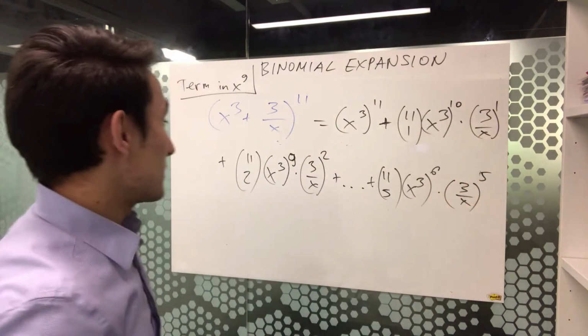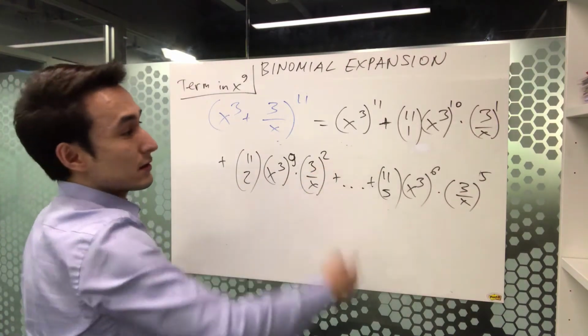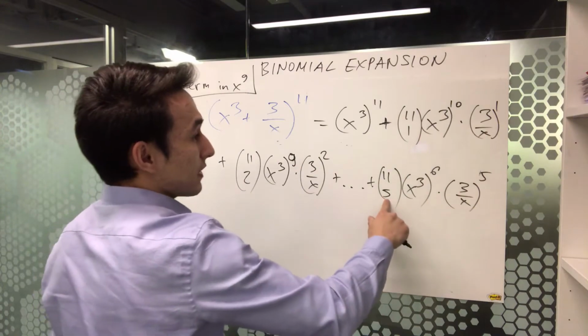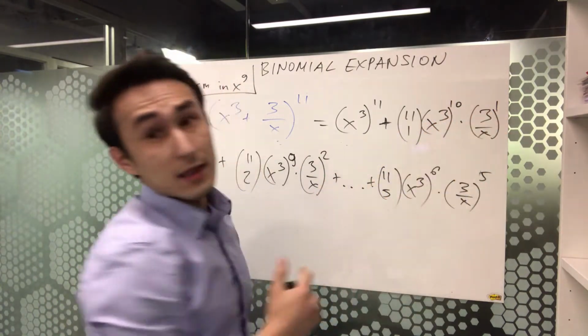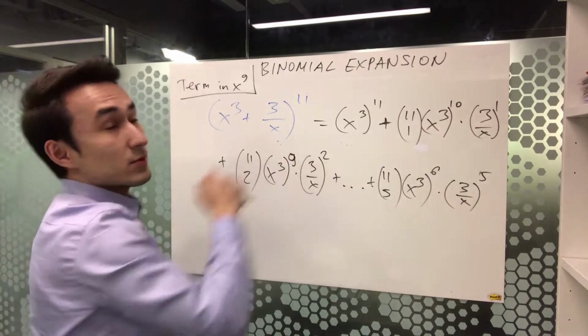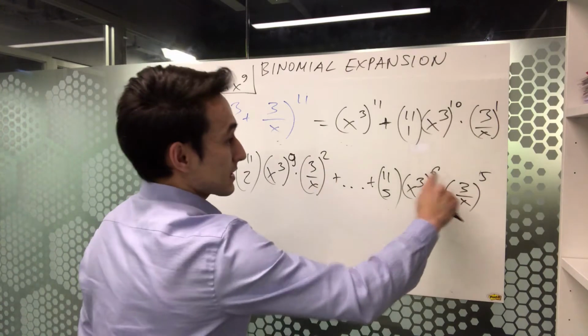If you observe something here, there is 2 and there is 2 over there. Same way, there's 5 and then there's 5 over there. When we add 10 plus 1, we get 11. When we add 9 plus 2, we get 11. The same way, 6 plus 5 has to be 11. That's why there is a 6 here.